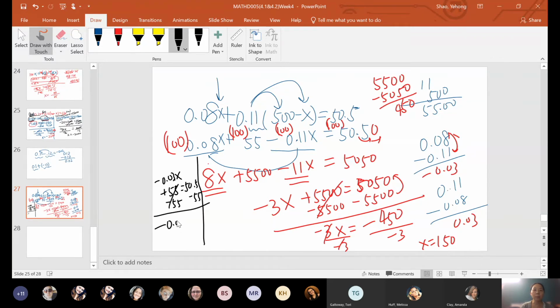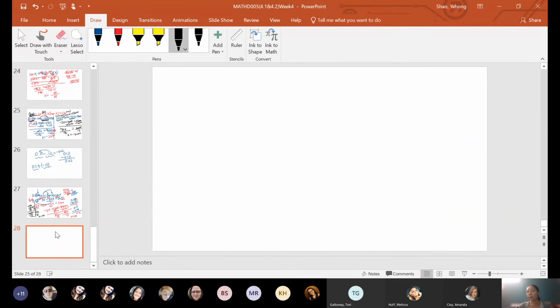So you get negative 0.03x equals negative 4.5. Then you divide both sides by negative 0.03, and you should get exactly the same answer, 150. In this case you move the decimal point, it's like doing 450 divided by 3, exactly the same way. So that's the two options you have: keeping the decimals or getting rid of decimals. Okay, any other question?